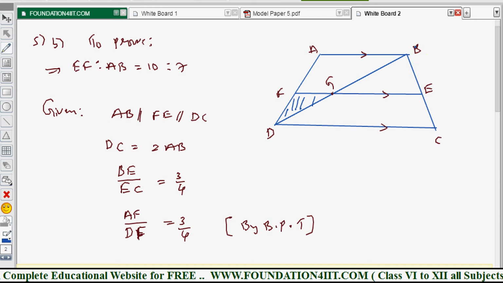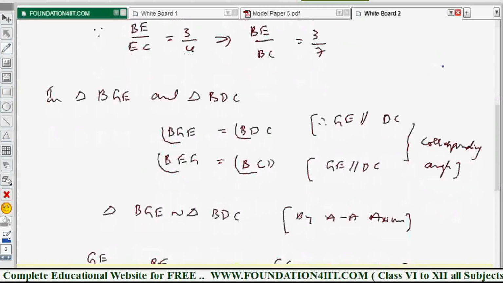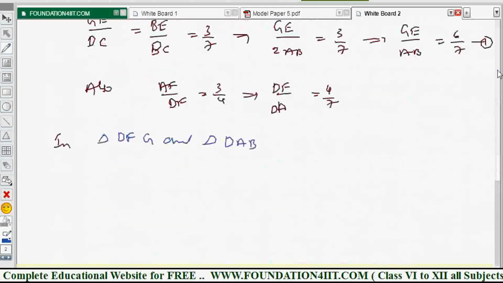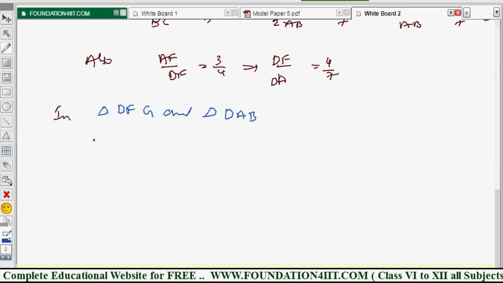Angle DFG is equal to angle DAB because of corresponding angles, and similarly angle DGF is equal to angle DBA.